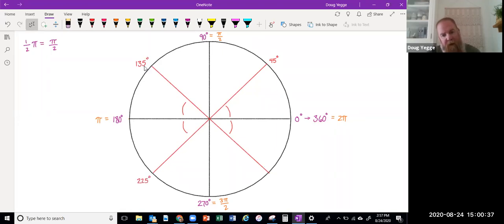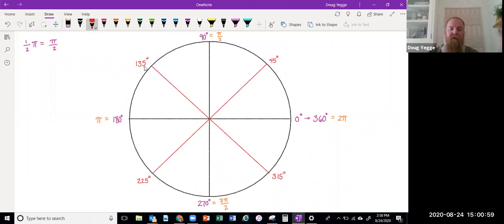Add another 45 to get to 270. Add another 45 to get to 315 degrees. And if I add another 45, I'm right back to 360. So these are all the important 45-degree reference angles in each of our quadrants.